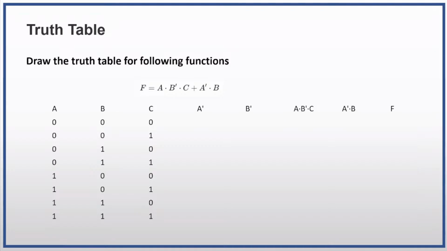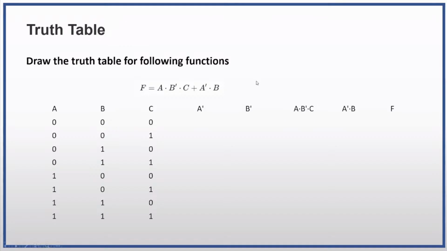You know that we want to draw truth tables, and we learned about the truth tables for the main logic gates. But here we are going to draw truth tables for logical functions or logical expressions. So let's see how we can do it.